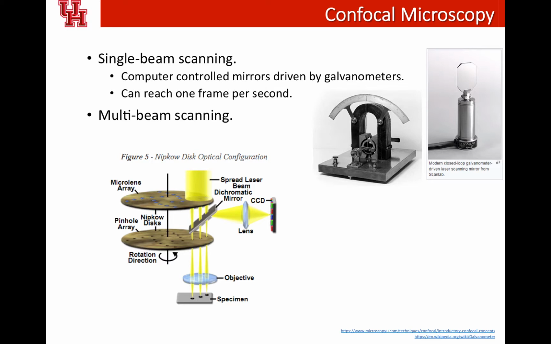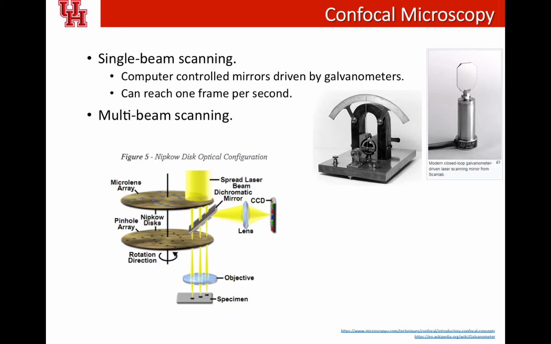For single beam scanning, people use computer controlled mirrors, which are driven by galvanometers. A galvanometer uses an electromagnetic effect. We have mentioned this effect, Ampere's law, in the EM wave lecture, which is pretty interesting.